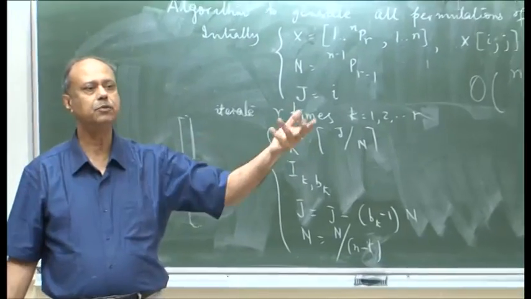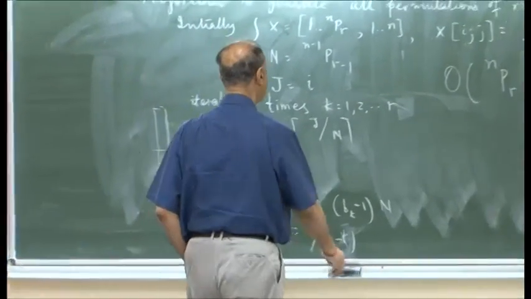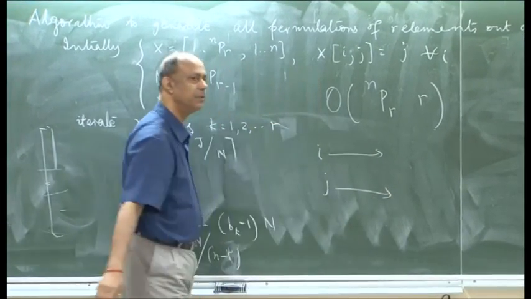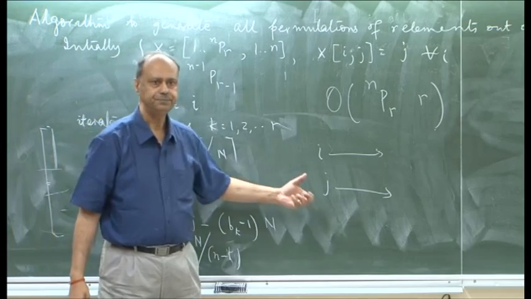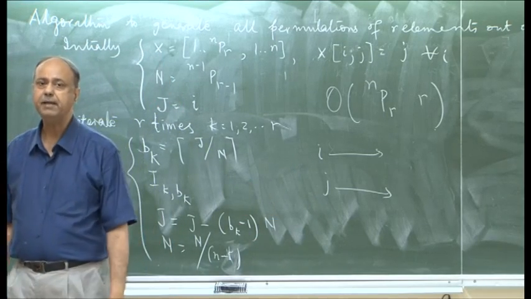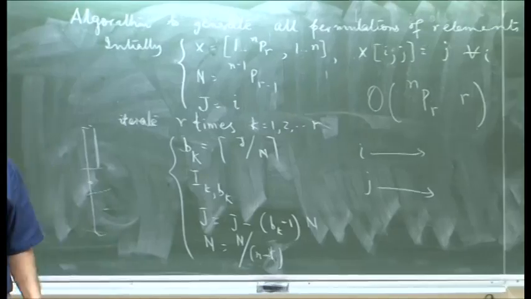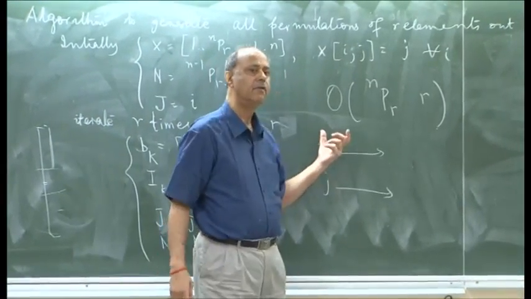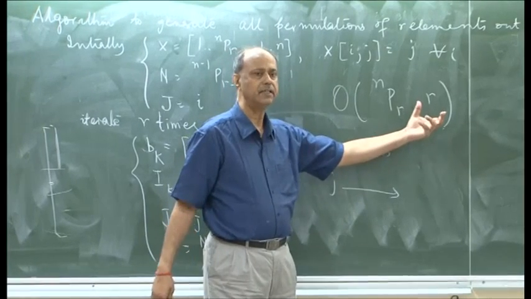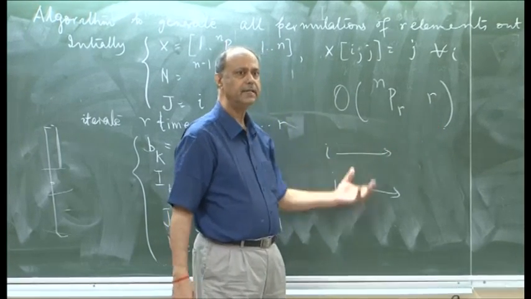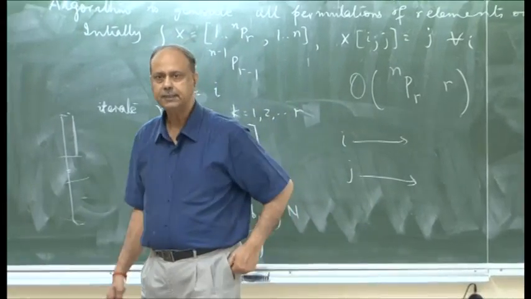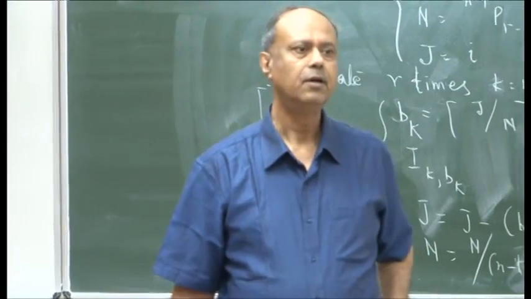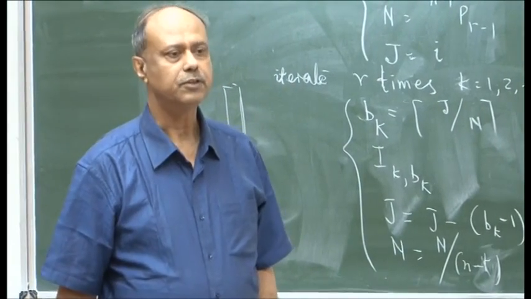I can do the ith independently. While I compute the ith permutation, I can independently compute the jth, because they are not dependent. So if I have NPR processes, then I can generate all NPR permutations after r iterations, because they are independent. So this algorithm can be implemented on any parallel machine, right? And the complexity of this algorithm will become order r.